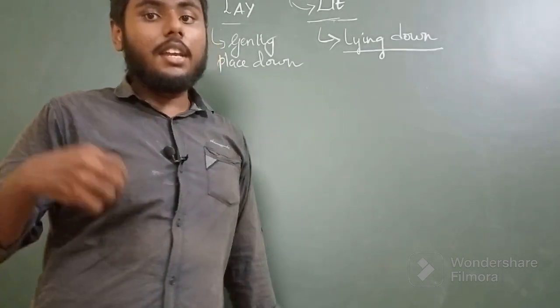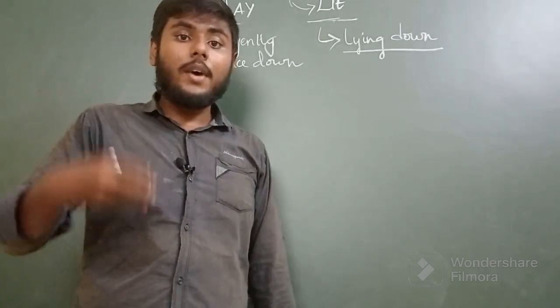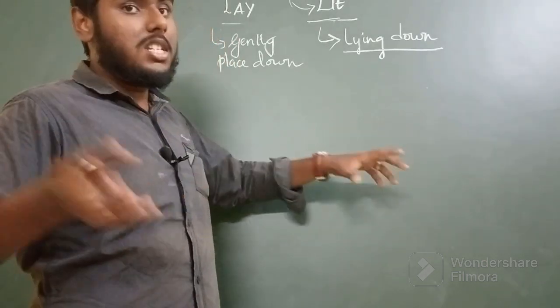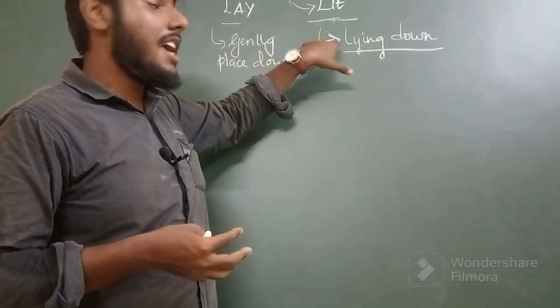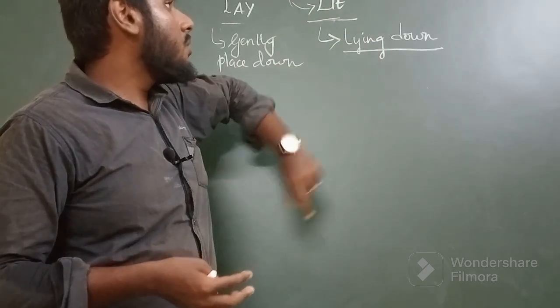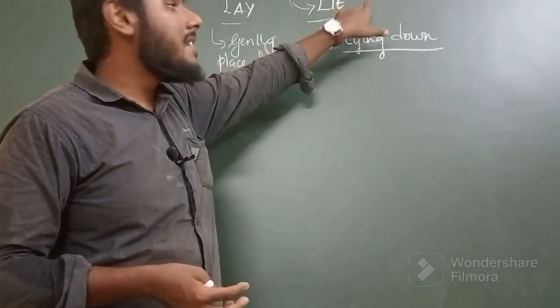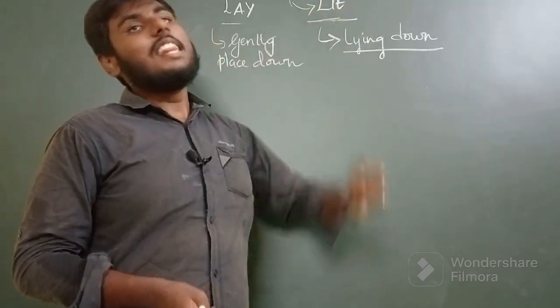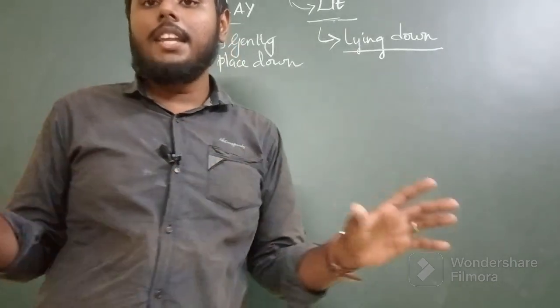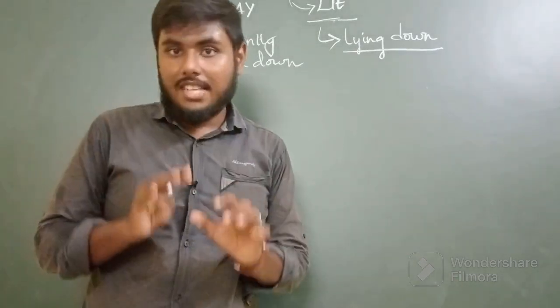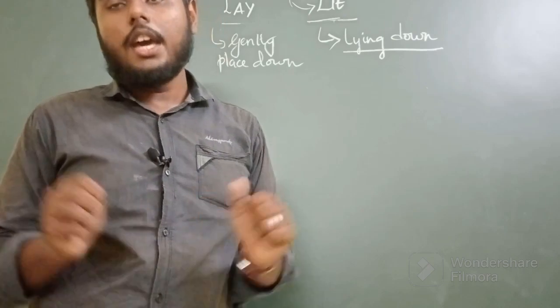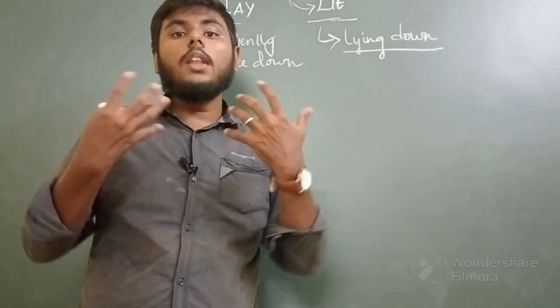That depends on the context. You can now ask me a question: how is it possible for you guys to check if this word means this or this? That's alright. That's completely on the basis of the context that is built in, okay? It depends on the sentence.